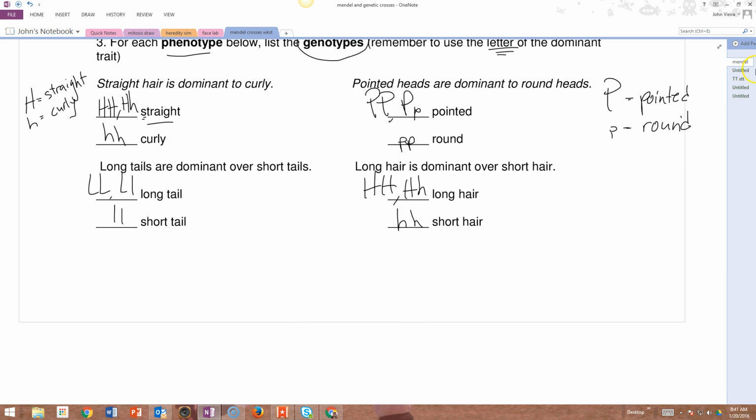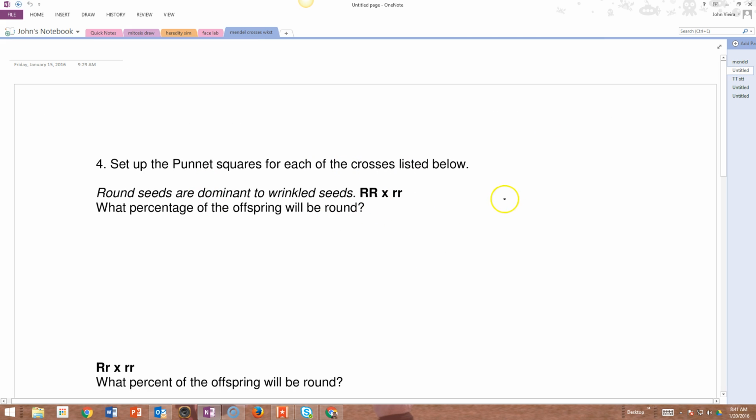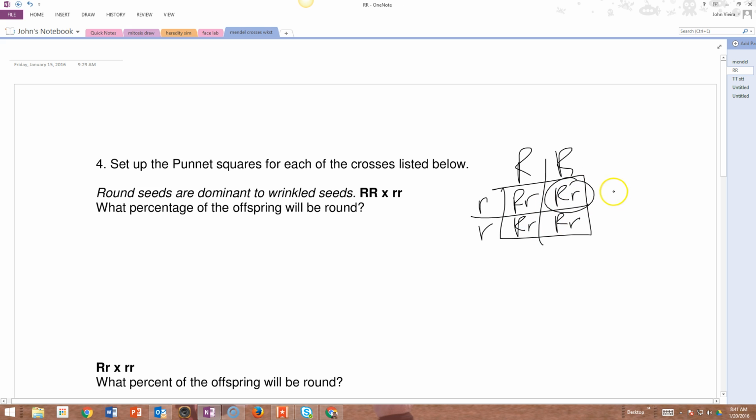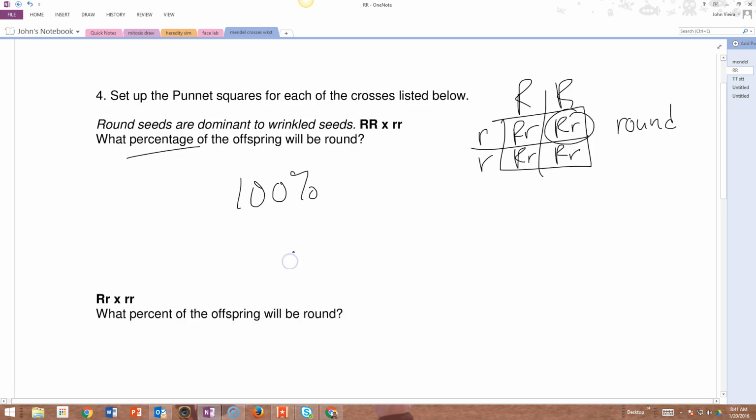So we did this cross, right? When you have a purebred dominant and a purebred recessive, all of them will be heterozygous. So this genotype is round. What percentage? 100%.